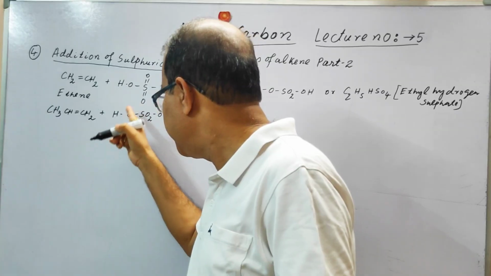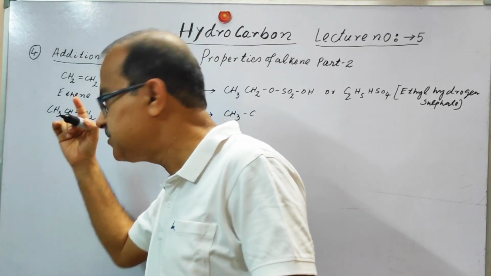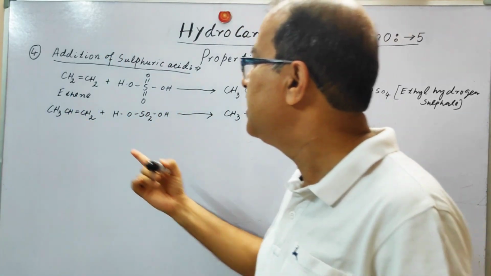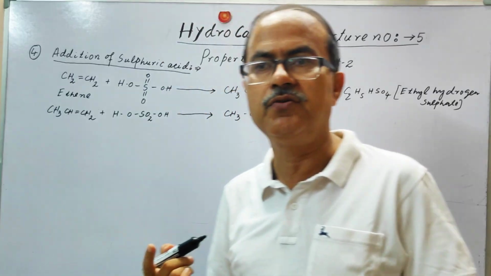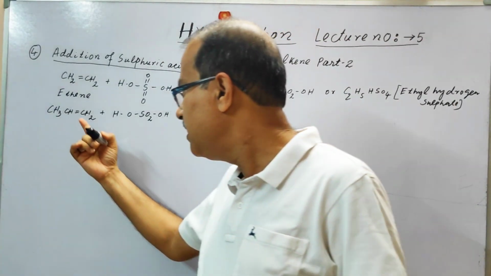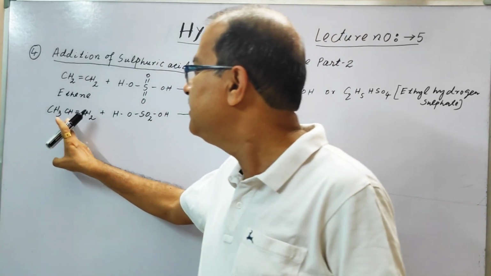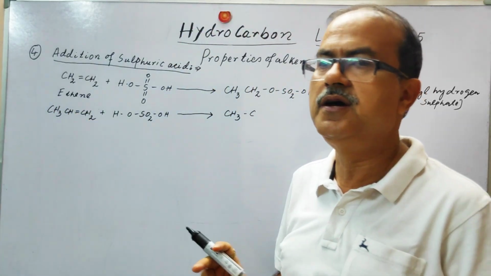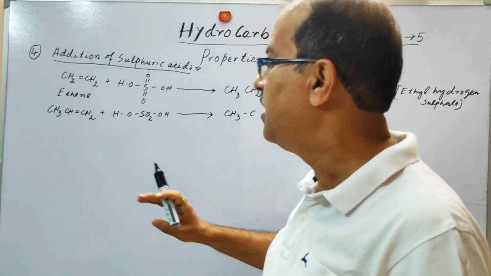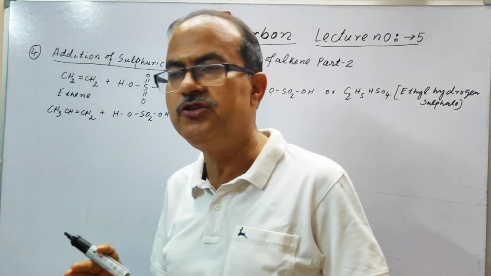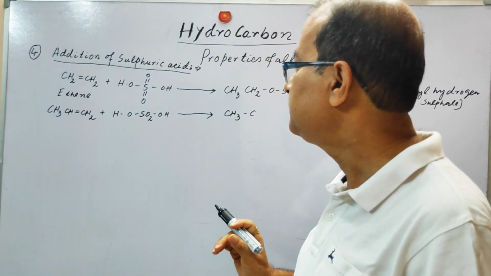Here this negative part will join this carbon atom. Why? Because it has fewer hydrogen atoms. As per the Markovnikov rule, the negative part will be joined to the carbon atom with fewer hydrogen atoms, and the other part, the electrophile H plus ion, will be joined to the other.